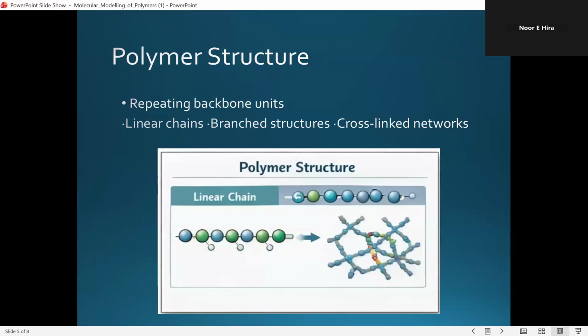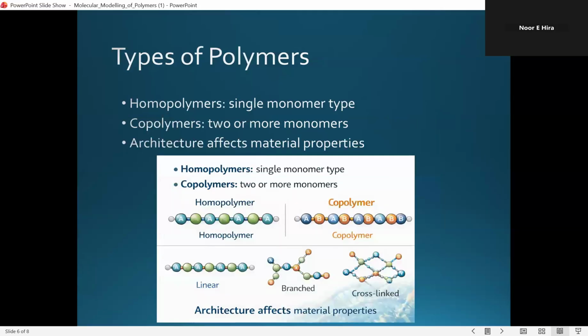So we have different structures and different types of polymers, like homopolymers and copolymers; architecture affects material properties. These are the classification of polymers. A homopolymer is made of one type of monomer, leading to uniform chain chemistry. Like I have depicted with A, a single monomer is making a chain.